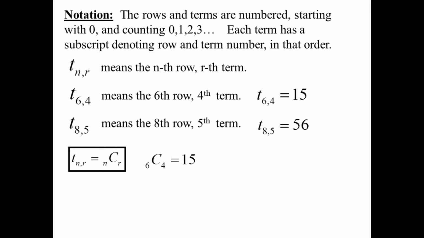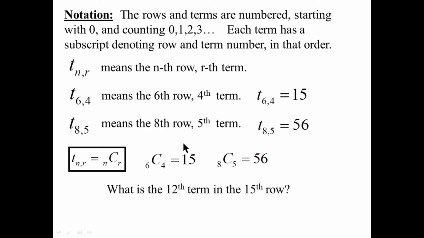6C4 should be 15 on your calculator. 8C5, which is T sub 8, 5, should be 56 on your calculator. And here's a question. What is the 12th term of the 15th row? Well, this will be 15C12 because the row comes first.